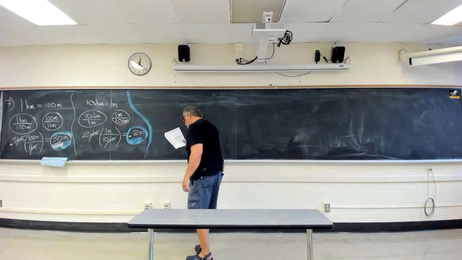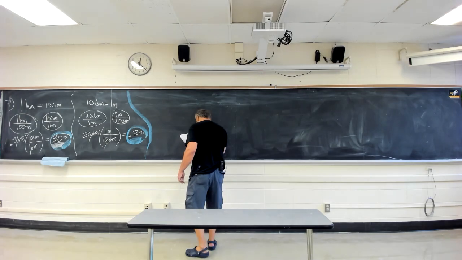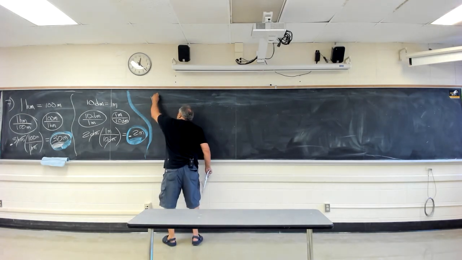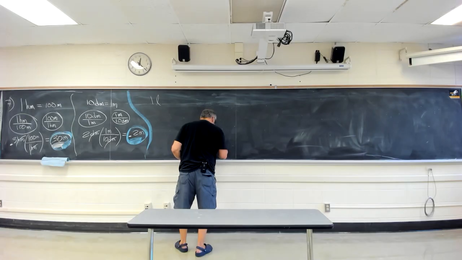8. Goran sold 400 liters of soda at a baseball game. Use the facts to find out how much this is in milliliters. Well, 1 liter, they write it like this, and in your notes here, they use a capital L. I've seen different ways written, I believe, but they got a capital L here.